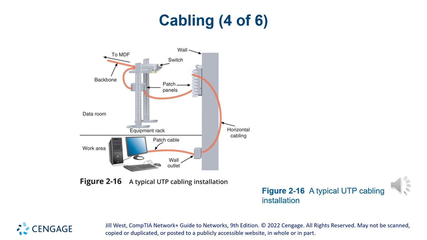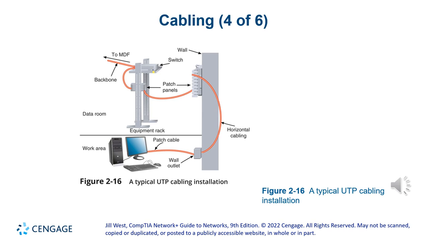So this is the full path of a cable. You see the backbone coming in from the MDF into the switch. The switch feeds the patch panel. The patch panel is just an intermediate point, so you have a quick connect and disconnect, and it doesn't have to go directly into the switch.